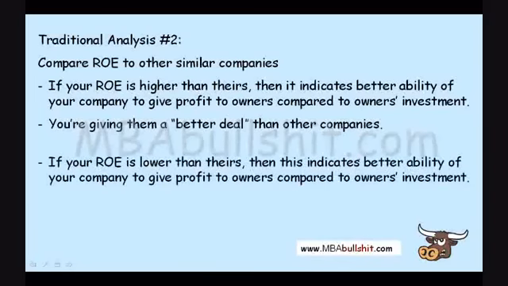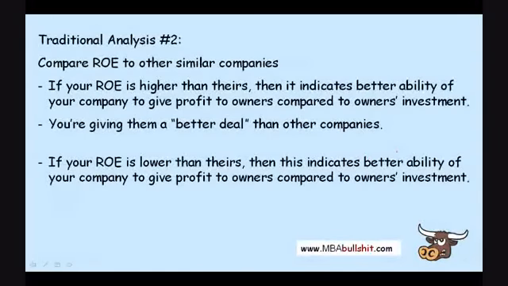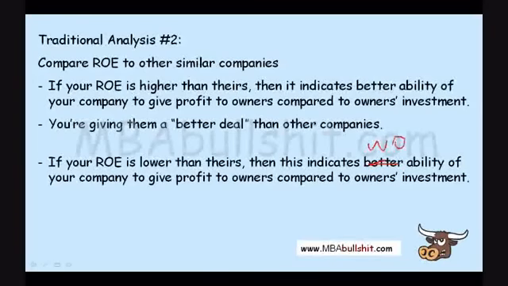Alright. If the ROE of this company is lower than theirs, and when I say theirs, I mean other similar companies, then this indicates worse ability of your company to give profit to owners compared to owners' investments, compared to the other similar companies.